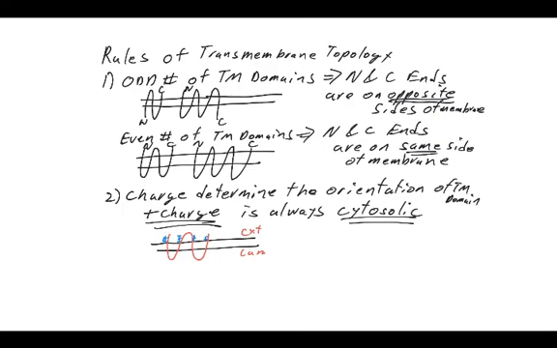So if you were to draw this out as a linear sequence, assuming that this is N and this is C, what you would see is, so this is 4 transmembrane domains, 1, 2, 3, 4.